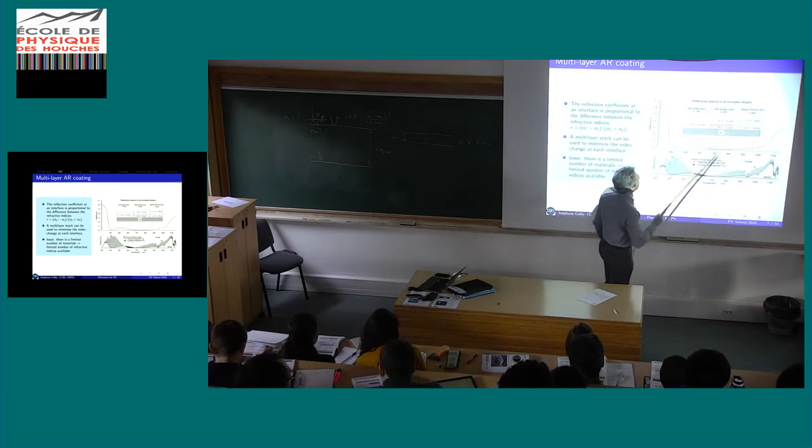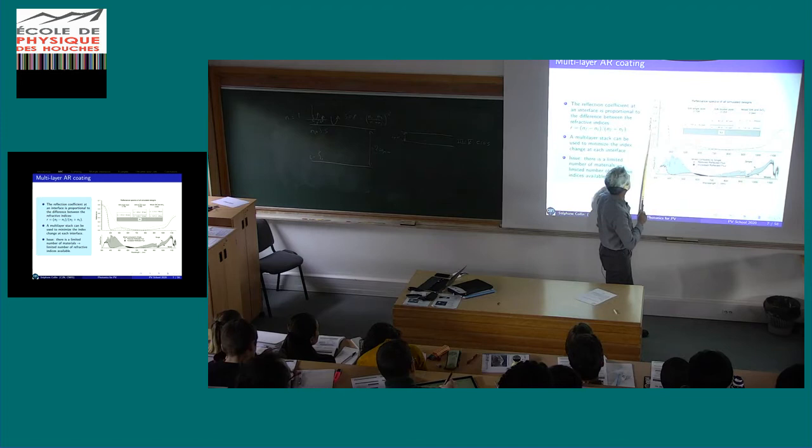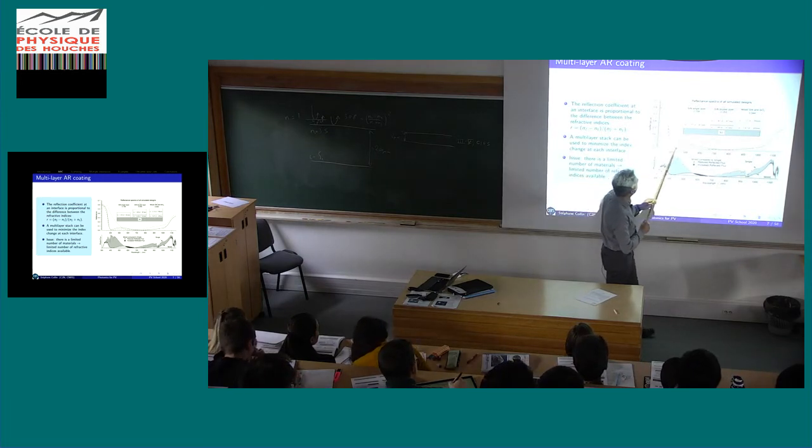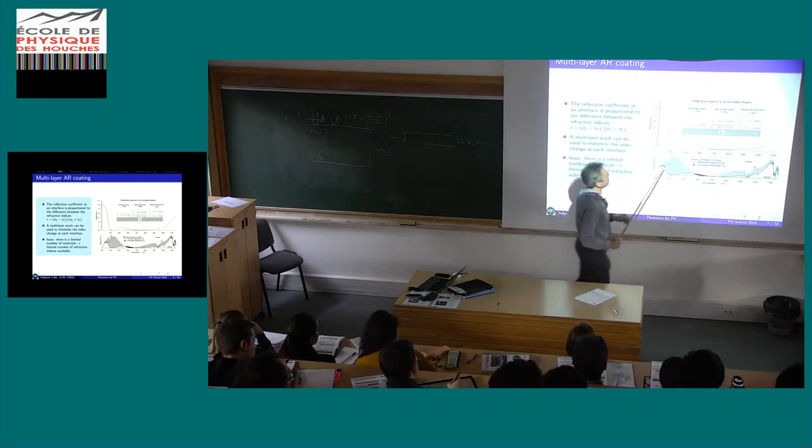And so you have two examples here, but the interesting comparison is the comparison between the single layer anti-reflection coating, so it's still the reflection here, and what you have with one of the two examples of a double layer anti-reflection coating.